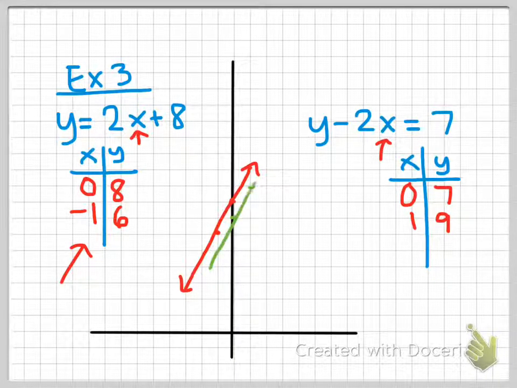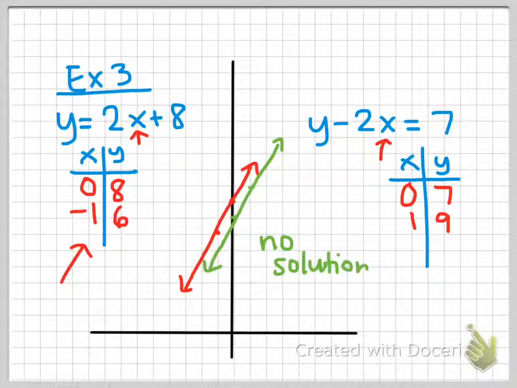So we graph the line. These are parallel, so they never cross. So this is no solution, because the 2 lines never intersect, so there's no point of intersection.